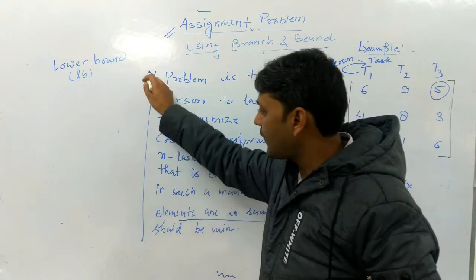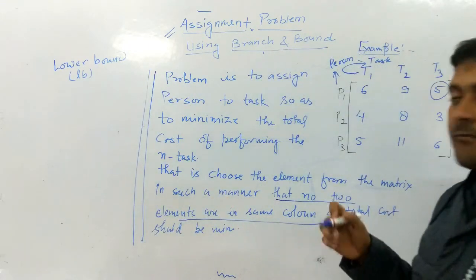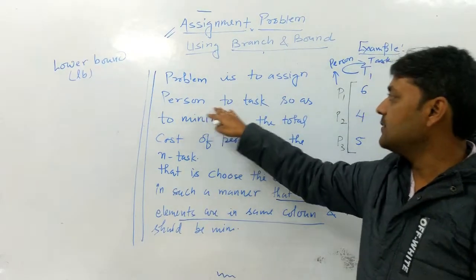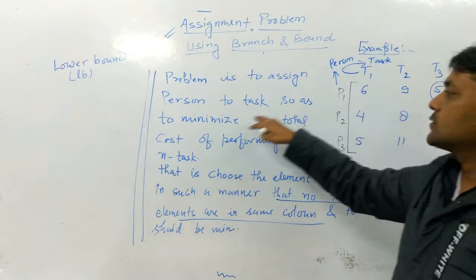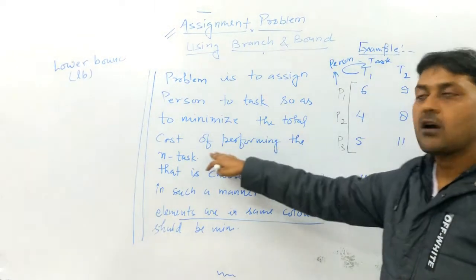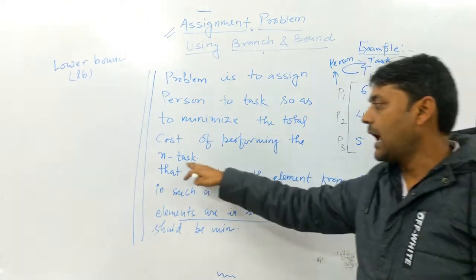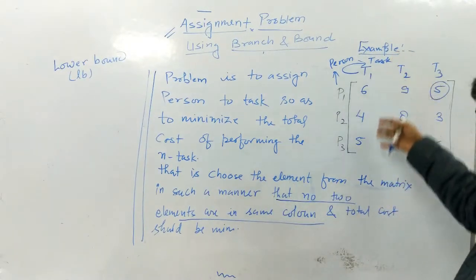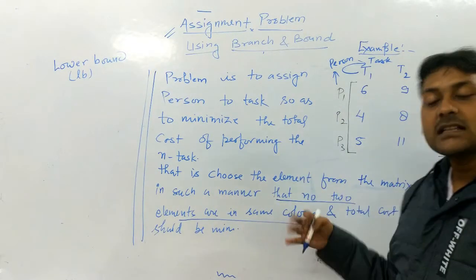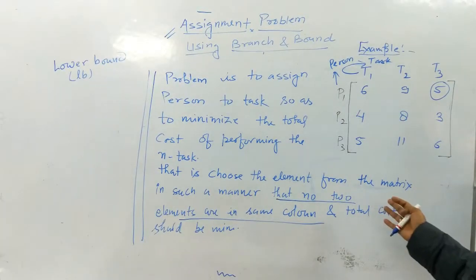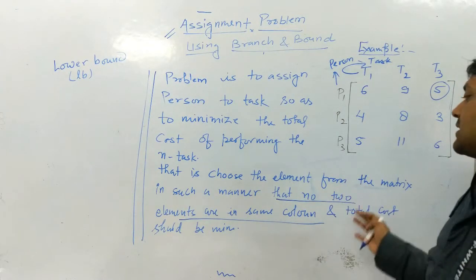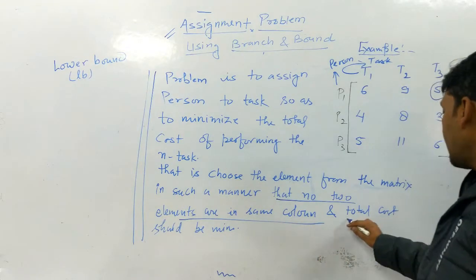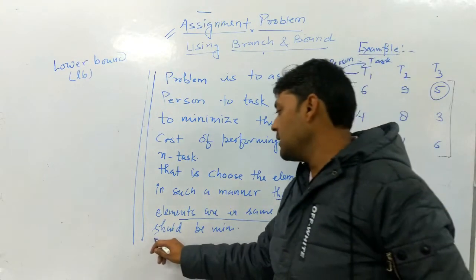How to find the minimum value? The problem is to assign persons to tasks so as to minimize the total cost of performing n tasks. That is, choose elements from the given matrix in such a manner that no two elements are in the same column, and the total cost should be minimized.